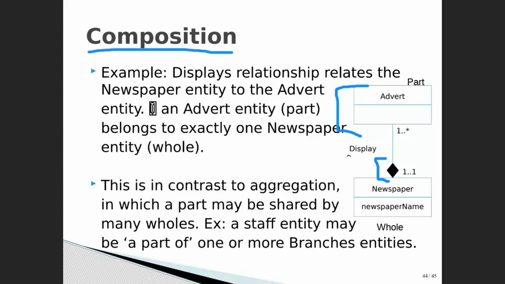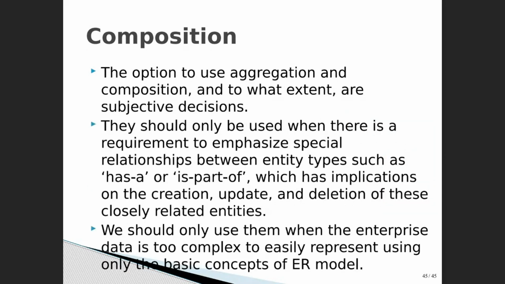Some entity types will be represented as a whole and will have the diamond shape next to the relationship, and the part will be all other entity types associated to that relationship. If it is a strong ownership, it will be a filled diamond shape. If it is not, it will be just an open diamond shape.